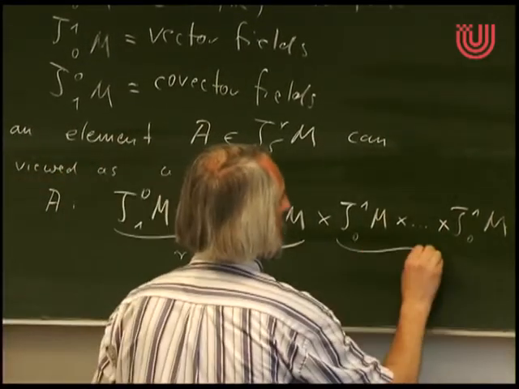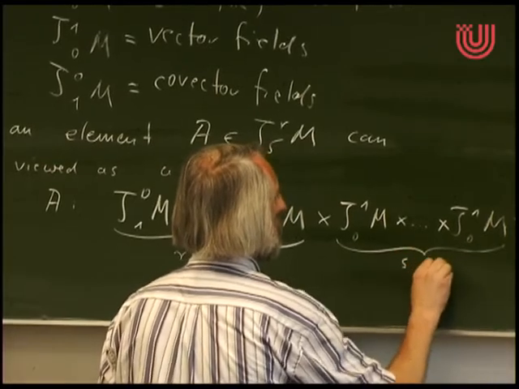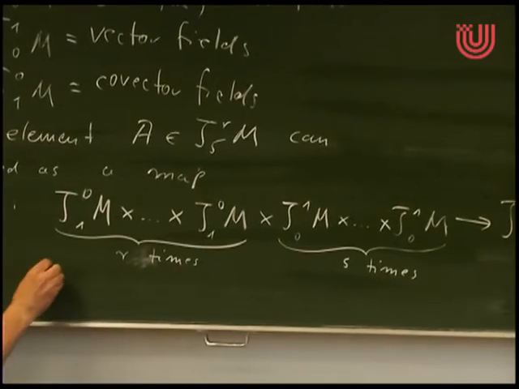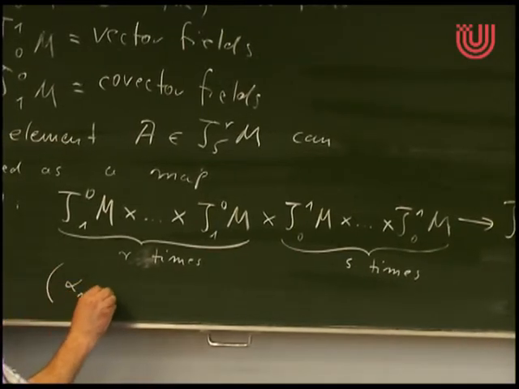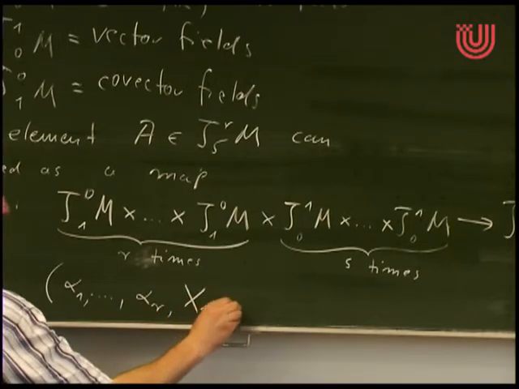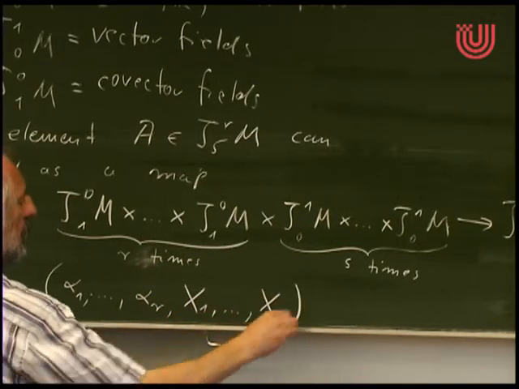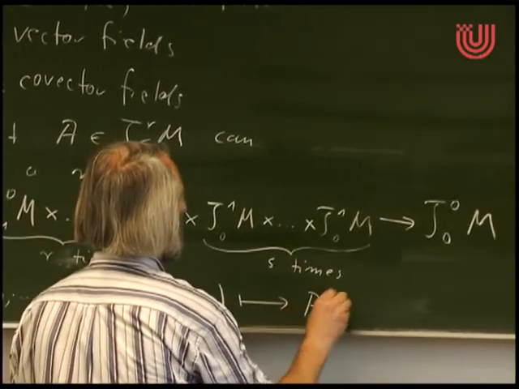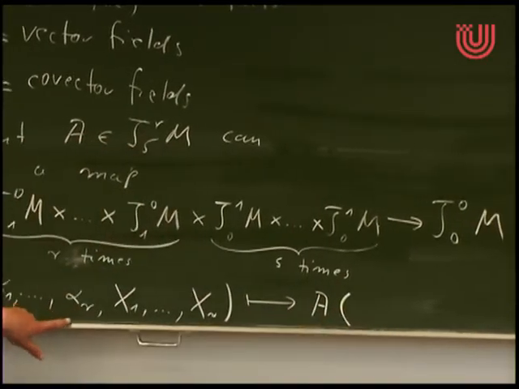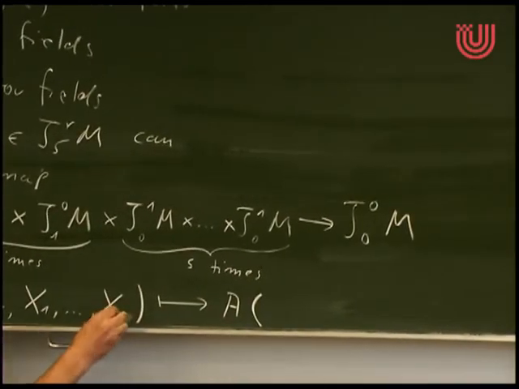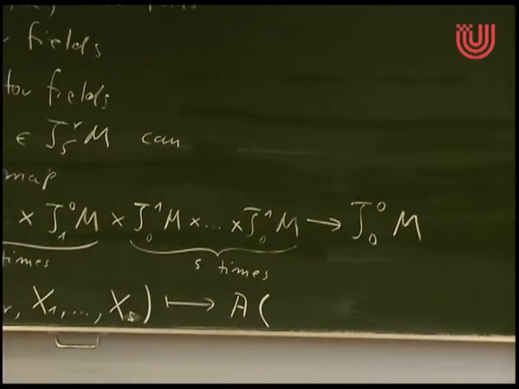And here I have S factors. So I have alpha 1 to alpha R, x 1 to x S, and my A eats all these R covector fields and the S vector fields. Sorry, there should be S times and R times.